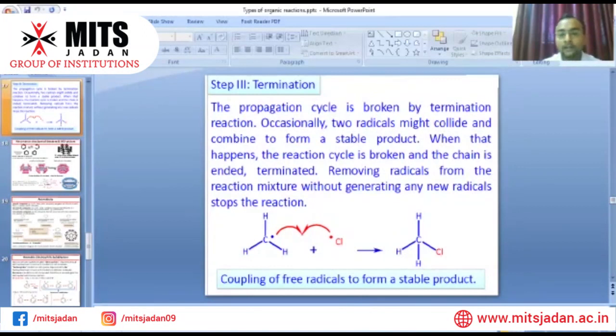When two radicals collide and form a stable product by their coupling, the reaction cycle is broken and the chain is ended, or we can say terminated. Removing radicals from the reaction mechanism without generating any new radicals stops the reaction. Because of the coupling of the free radicals, a stable product is formed, that is our methyl chloride. So this is the mechanism of the free radical reactions.